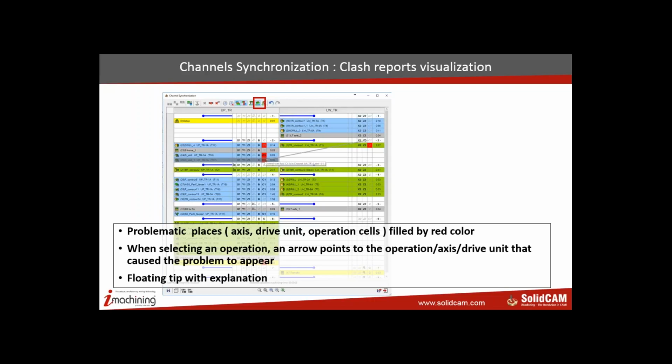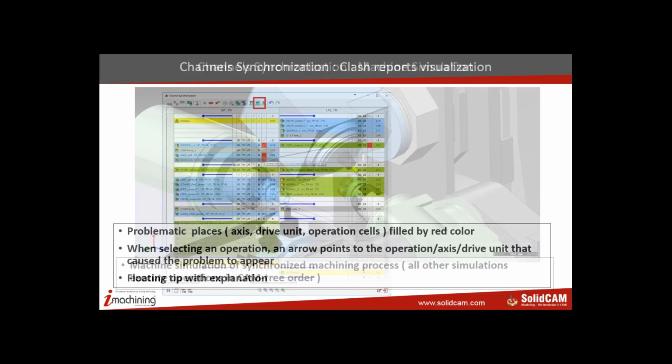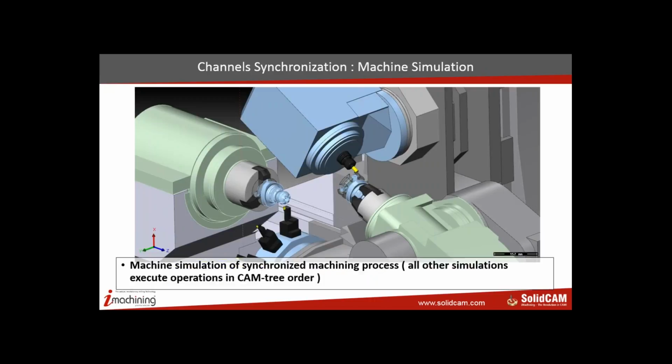You can see it on the synchronization, where it will tell you what's happening there. And from that, what we can now do is do a machine simulation of the synchronized machining process. As you've reordered things and timed things together, you can then simulate the new synchronized machining operations.